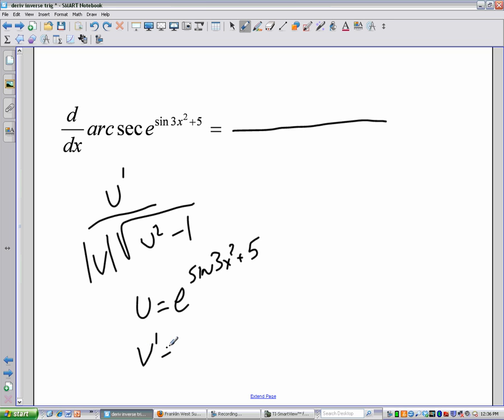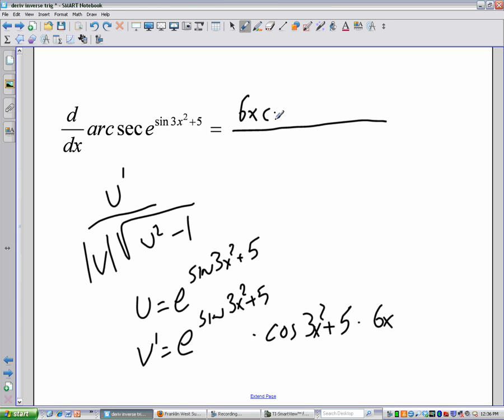So u prime, we know the derivative of e to the something is still e to the something. And then we've got to do the derivative of the argument. So we do the derivative of the sine, which is the cosine. And then the chain rule says the derivative of the argument, which is 6x. So it's this times this times this. When we write u prime, I'm going to put 6x out in front, then cosine of 3x squared plus 5, and then the e to the sine of 3x squared plus 5.